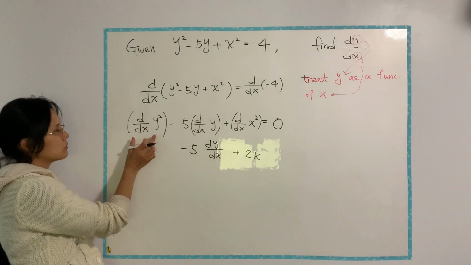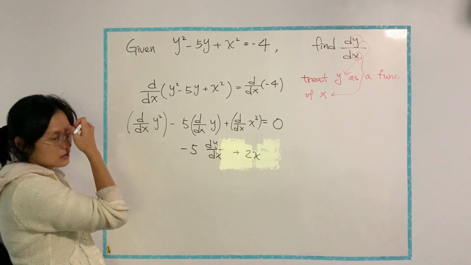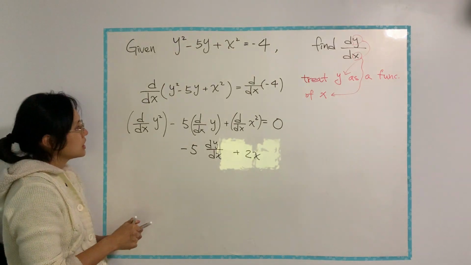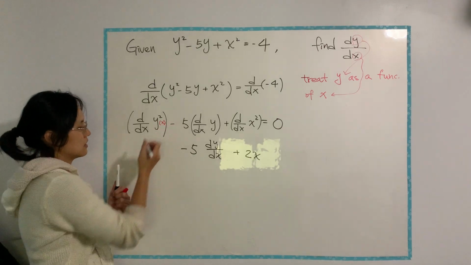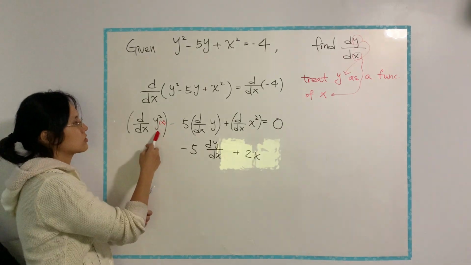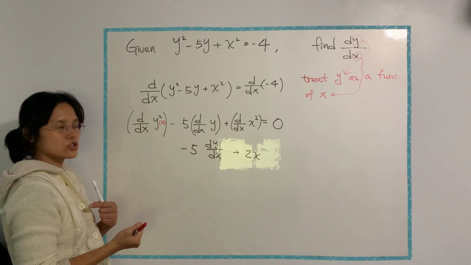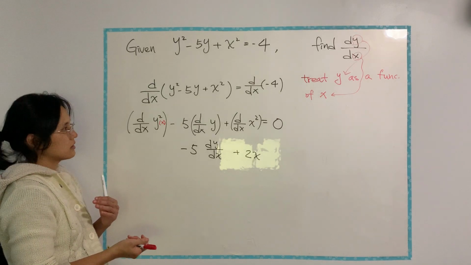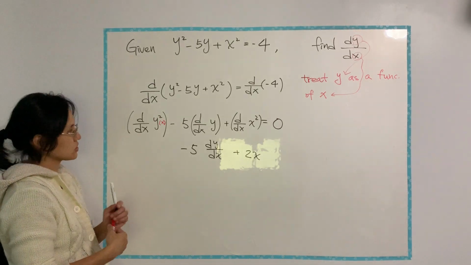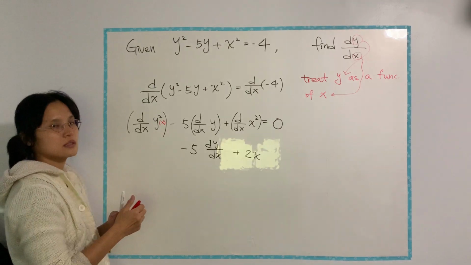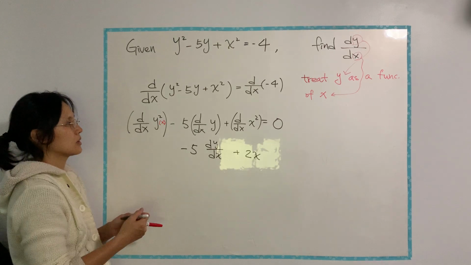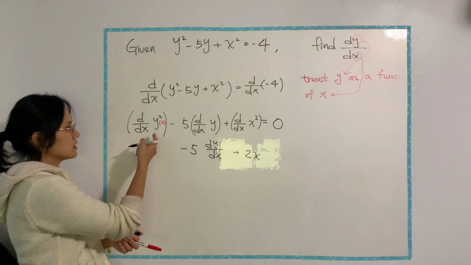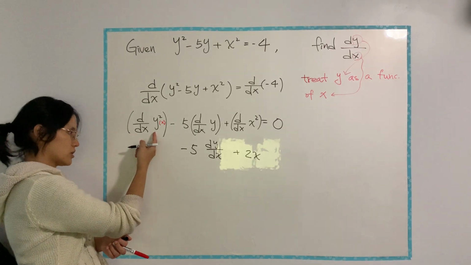Now we move on to the y squared part. Again, you treat y as a function of x. Y squared is now a composite function, with the outer function being the square function and y of x being the inner function, even though we don't know exactly what y is in terms of x. Now go ahead and apply the chain rule.